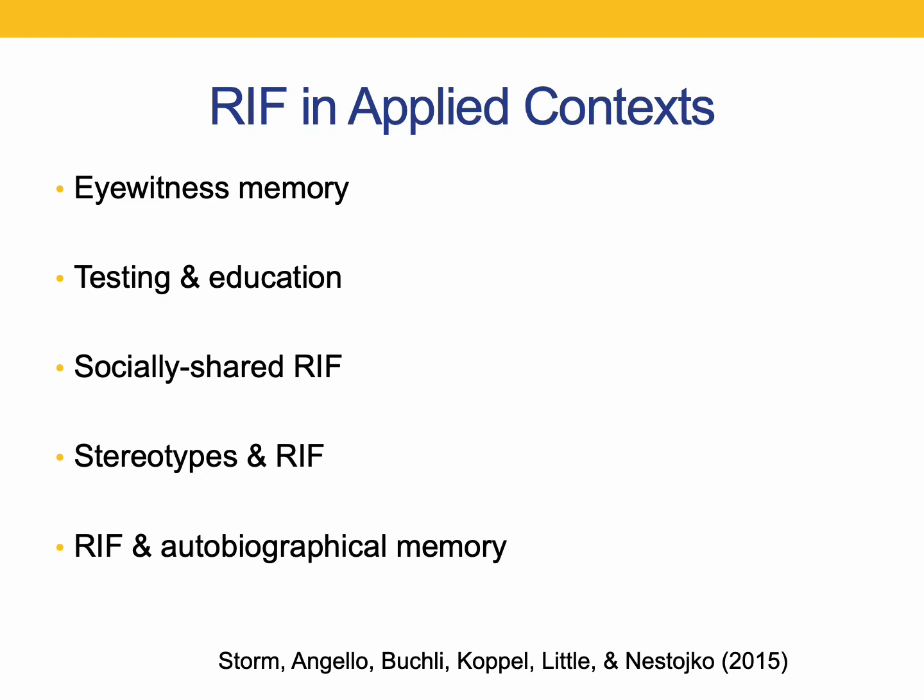In the field of eyewitness memory, when law enforcement officials have an eyewitness to a crime come to the police station, they initially get an account of the event. For example, the witness says, I saw the robber, he was dressed all in black, he was wearing a ski mask, and he was carrying a knife.